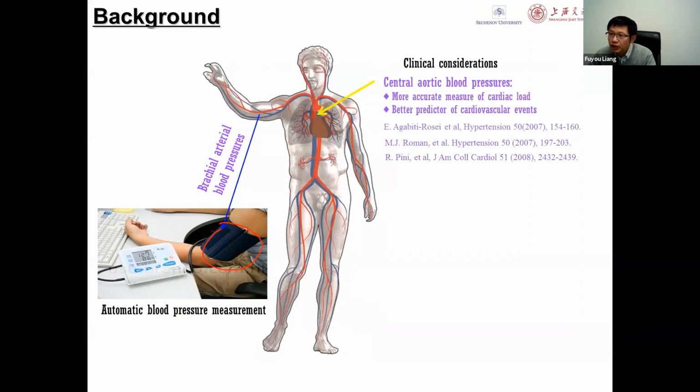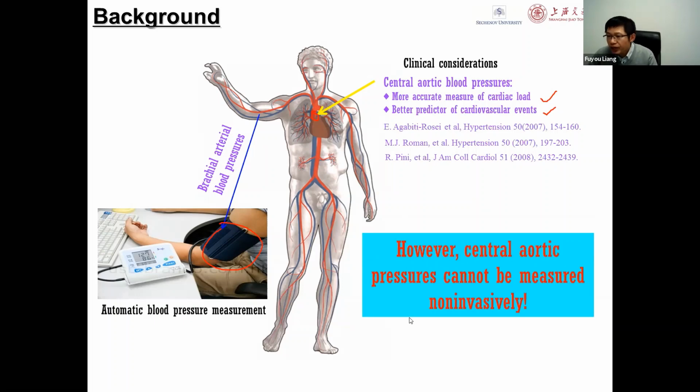However, according to clinical studies, the central aortic blood pressure here, just near the outlet of the heart, is a more accurate measure of cardiac load and a better predictor of cardiovascular events, which means that central aortic blood pressure is more useful than peripheral blood pressure.